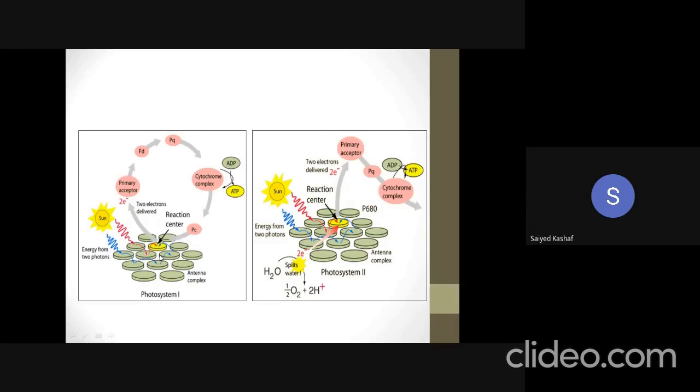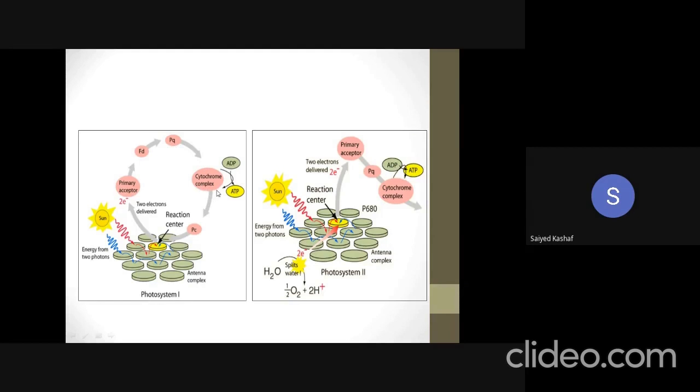That is, the hole represents the devoid or empty place of this electron. So this electron is first captured by the primary electron acceptor and then transferred to the ferredoxin. This ferredoxin again transfers this energy rich compound to the plastoquinone, and this plastoquinone transfers this electron rich compound to the cytochrome complex.